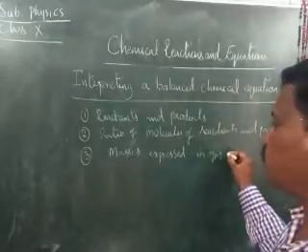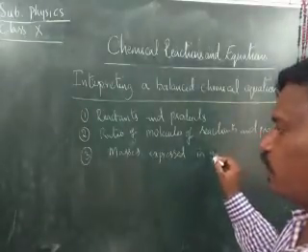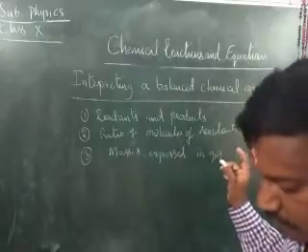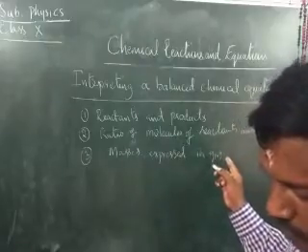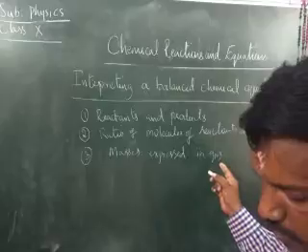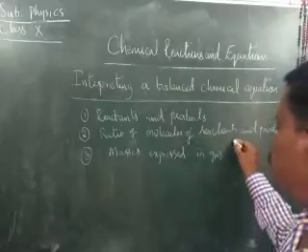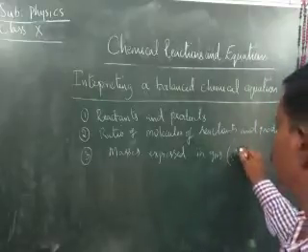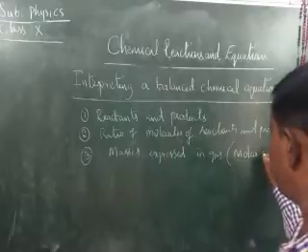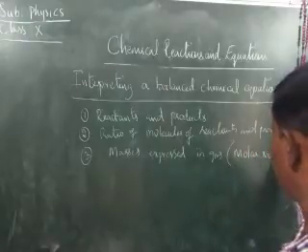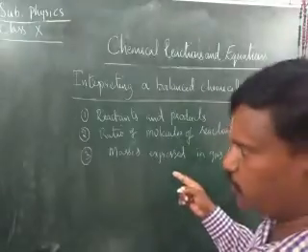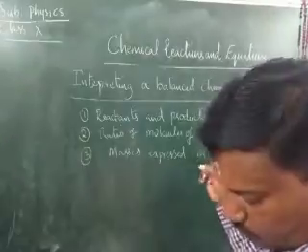Therefore, as they are expressed in unified mass, their ratio can be given in the chemical equation. If the masses are expressed in grams, the equivalent ratio is the molar ratio. But expressed in unified mass, it gives the information about the reactants and the products.